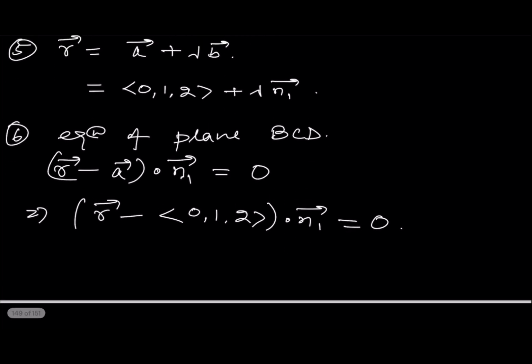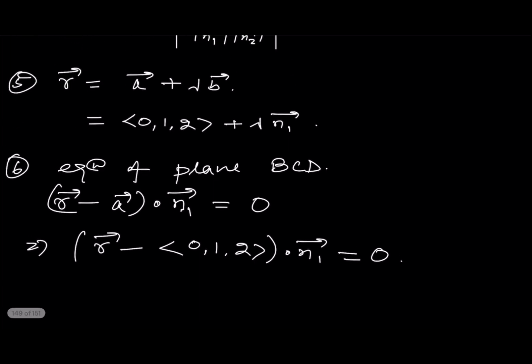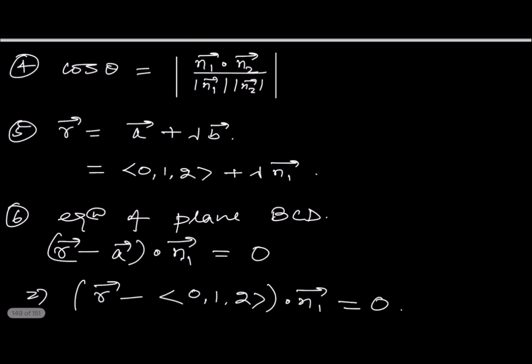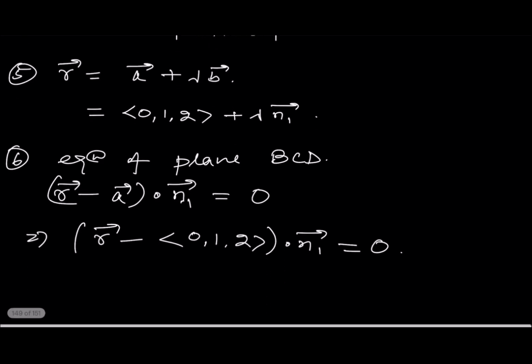Now you have the equation of the plane, right, and also you have the equation of the line passing through A. So write the parametric equation in the fifth, and using those parametric coordinates in the sixth, or in the equation of plane, you can get lambda, and hence you can find the foot of perpendicular.